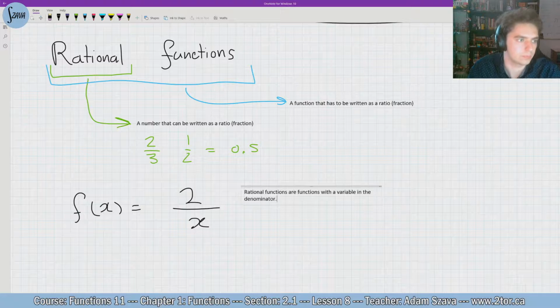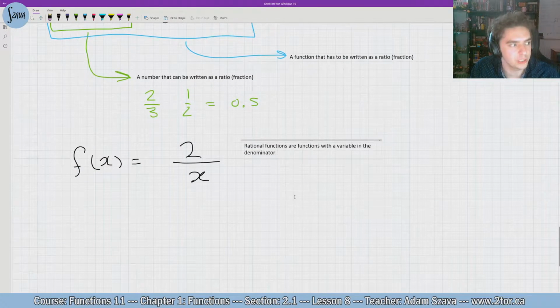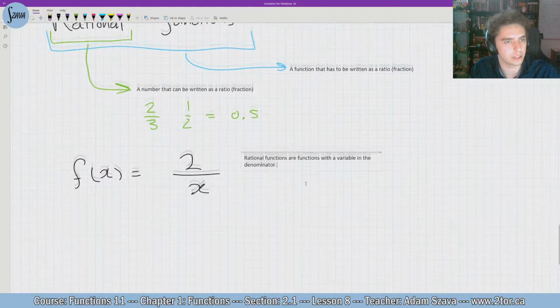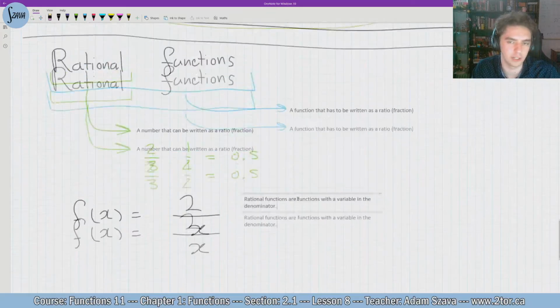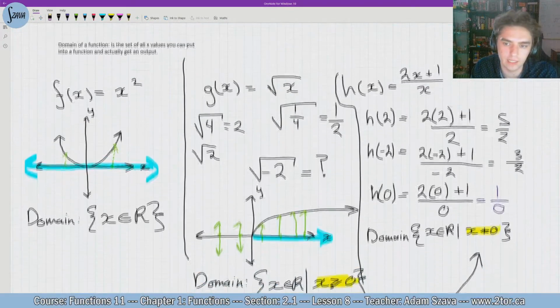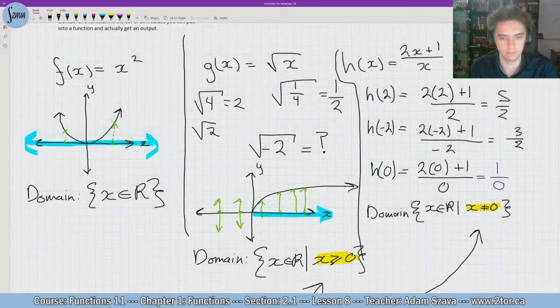This kind of introduces where we're going into restrictions. Restrictions are going to come back right here, because that's why we mentioned them at the beginning of the lesson. We start talking about rational functions. Remember when we started at the beginning of the lesson, one of my examples was h of x equals 2x plus 1 over x. That's a rational function, because we have an x in the denominator.